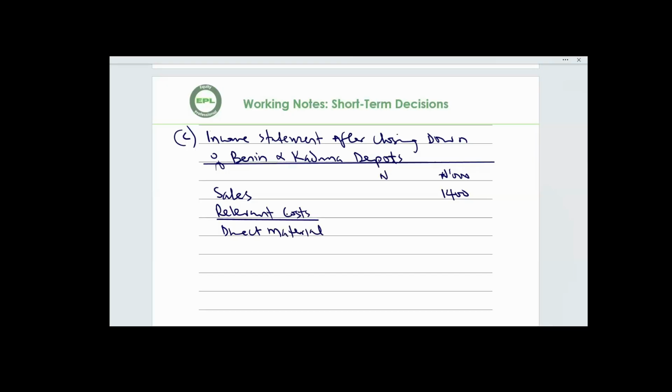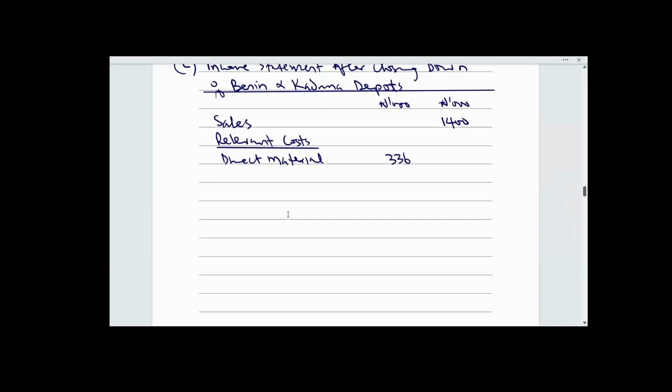How much is direct material for Lagos? 336. Yes. We have direct wages, 210. We have factory variable overhead. How much? 294.